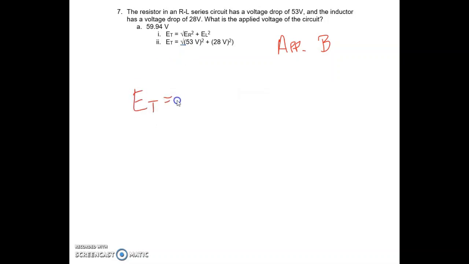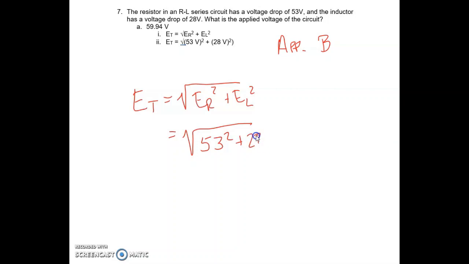Total voltage equals the square root of the voltage drop across the resistor squared plus the voltage drop across the inductor squared equals the square root of 53 squared plus 28 squared equals 59.94 volts.